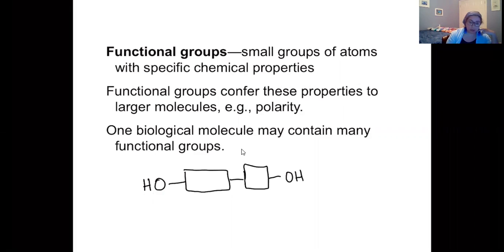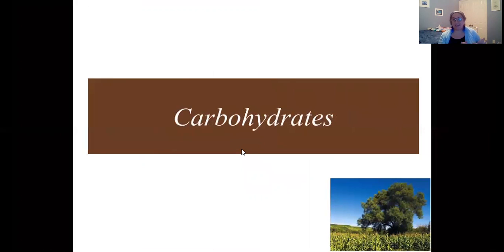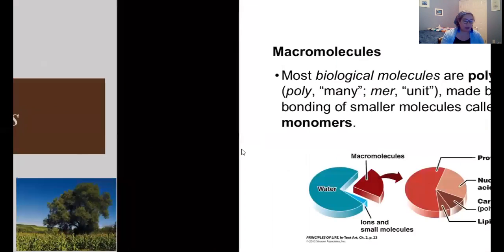So even though it's written as HO on this side and OH on this side, I'm trying to represent the same functional group. And this one is the hydroxyl group, which you guys learned from your properties of water vocabulary. Okay, so now that that is kind of cleared up a little bit, let's talk about carbohydrates.